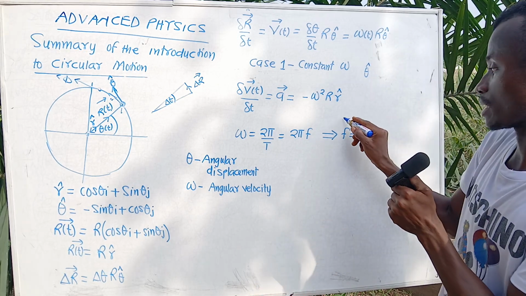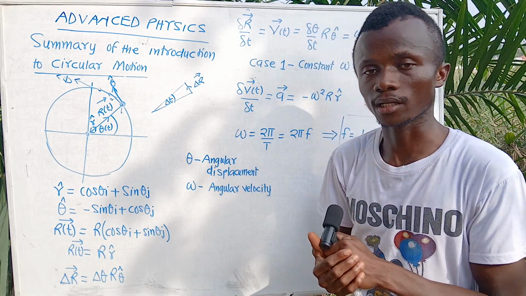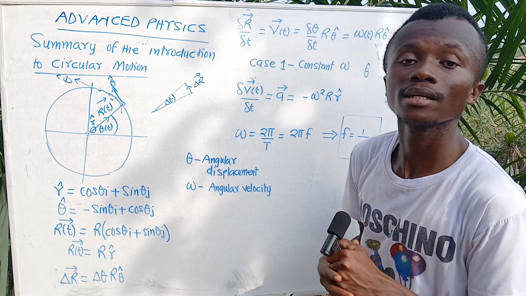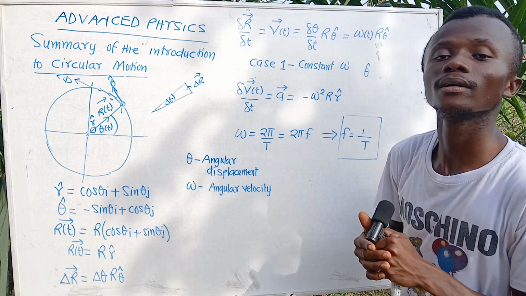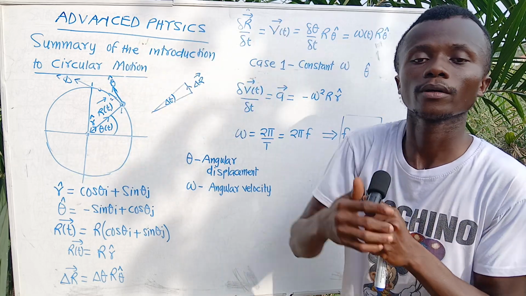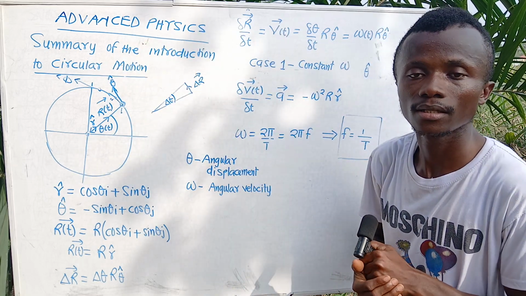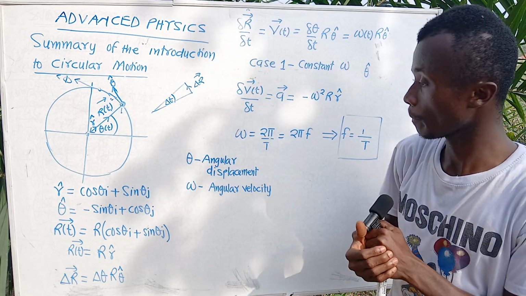That's why the explicit formula is 1 over T. They are reciprocals of each other. And that is also to tell us that the angular velocity is directly proportional to f. The more you revolve around the circle, the more your angular velocity is, because you create more angular displacement within a short time.